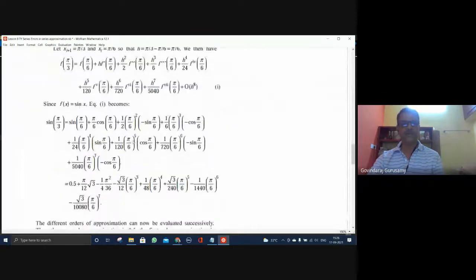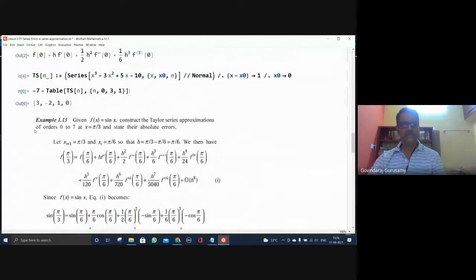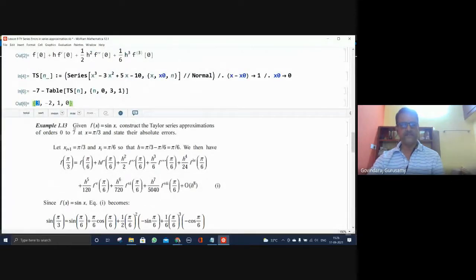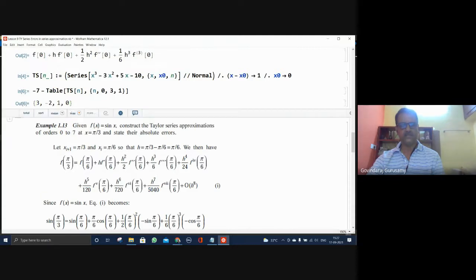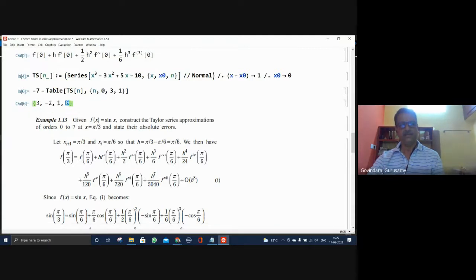So now you find when you start with the 0th order, your error is 3 units. When I go to the first order, the error is -2, again a huge error involved in your calculations. And when you go to the second order it is 1, and then the third order is 0. This is an exact result.